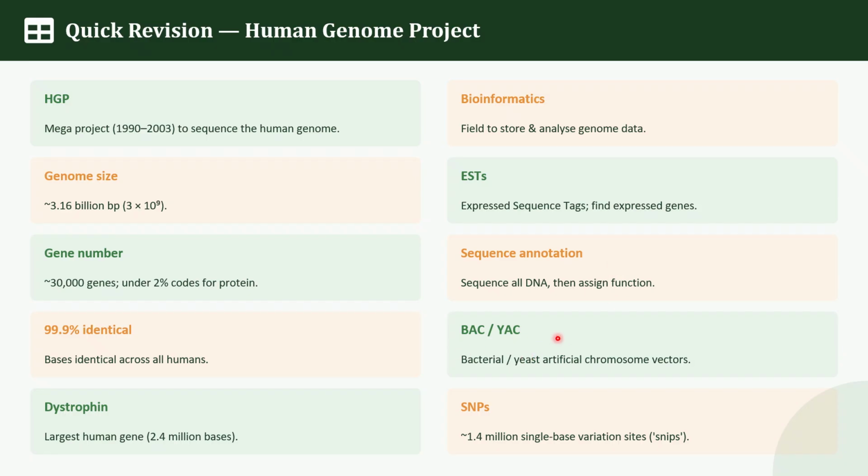And what are BAC and YAC? They are bacterial artificial chromosome and yeast artificial chromosome, used as vectors during the cloning of DNA fragments. And SNPs represent the single base variation among individuals.